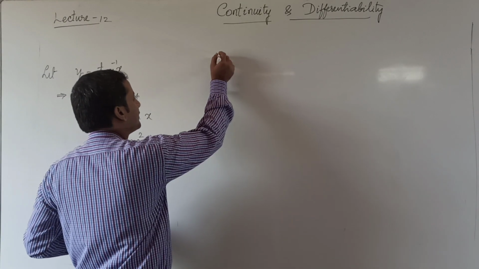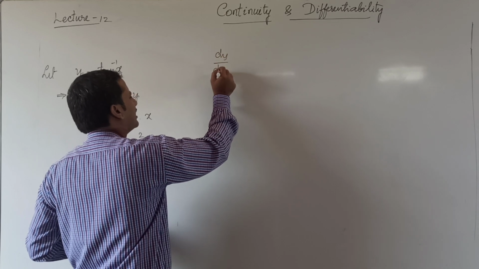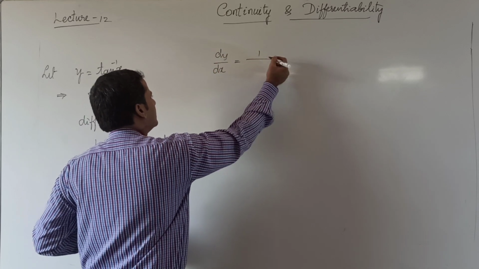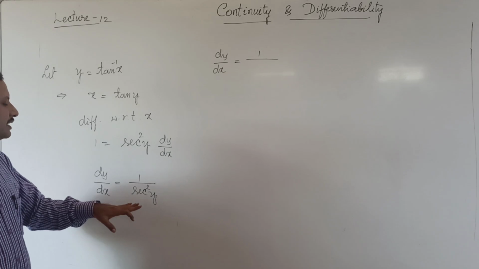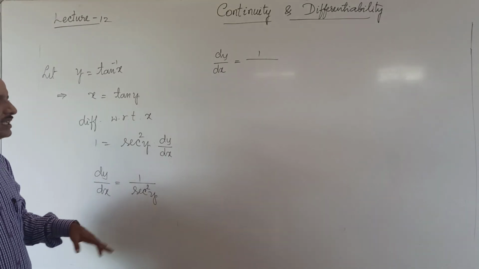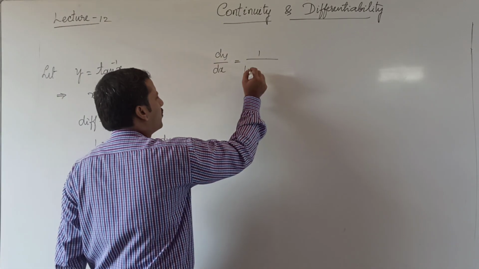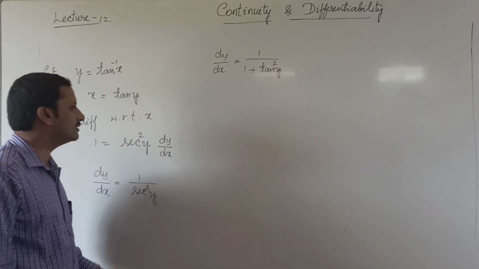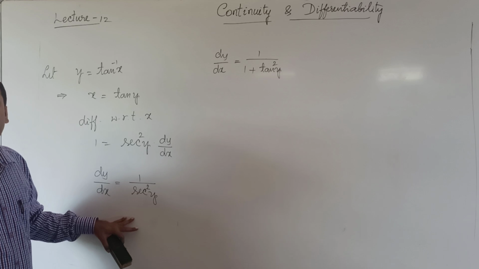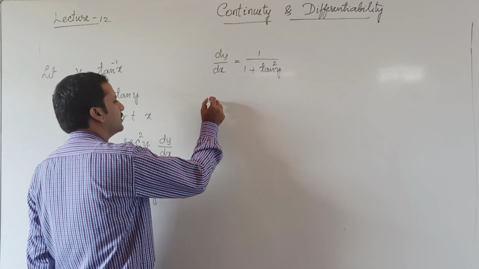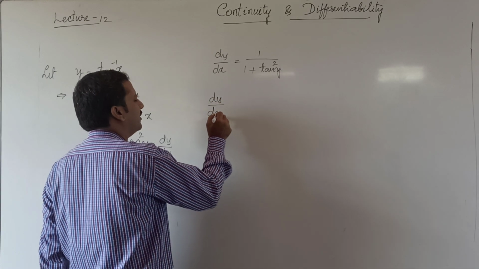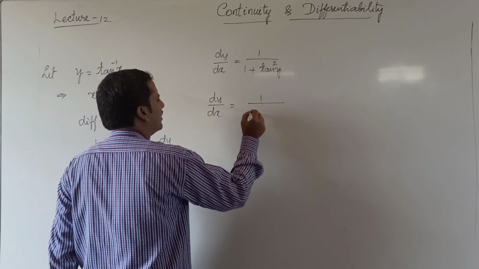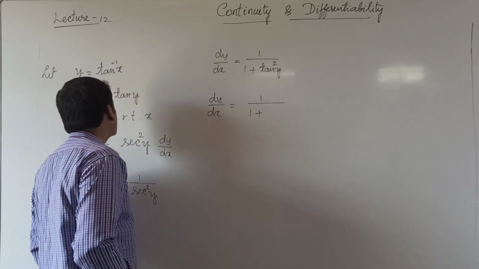Now I want to express secant square y in terms of tan. Secant square y can be written as 1 plus tan square y. So dy by dx is equal to 1 by 1 plus tan square y.